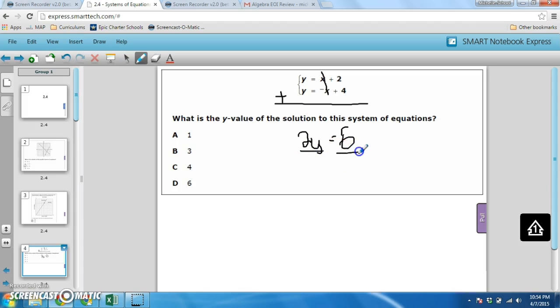Divide both sides by 2. Okay, if they also ask for the x solution, then you could plug one of these in, 4y, and solve for x.